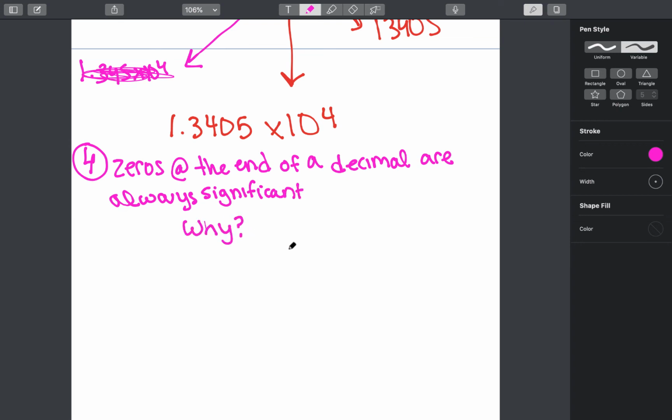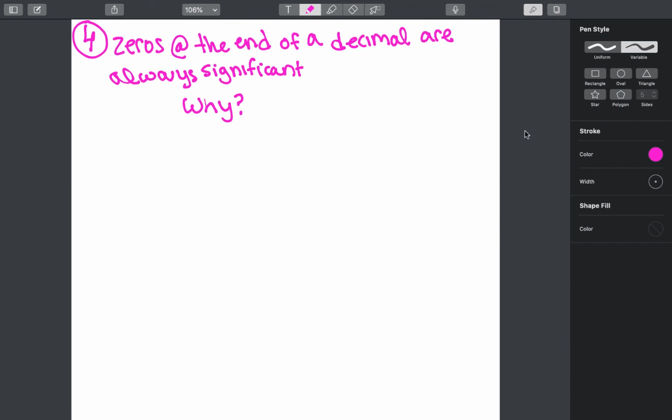Well, let's just do a little example here. Let's say I have two of the same values here. So 0.3 and then 0.3000. These are the exact same values. They're the exact same magnitude. This one, though, has one significant figure.